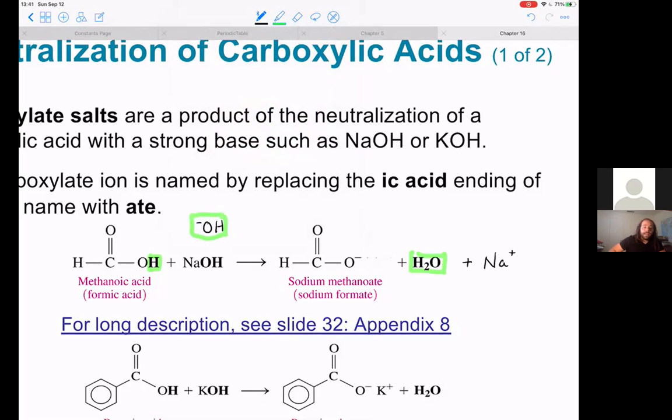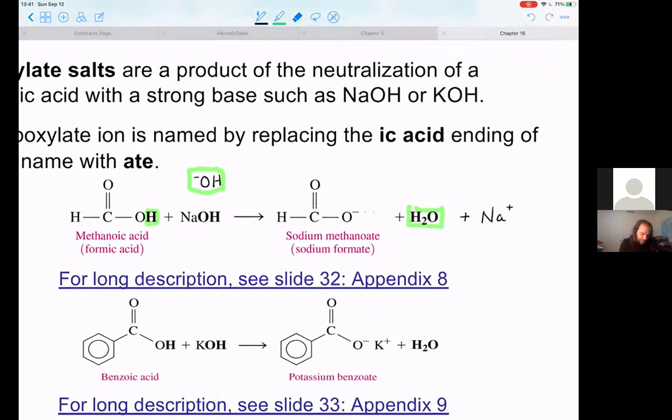If you then took that and evaporated off all the water, if I wanted to get rid of the water after this reaction has occurred, then all of a sudden I would get this salt that would form. Then each sodium ion would find its carboxylate counter ion as I'm getting rid of the water. Okay, in solution though, I like to think about these as being separate.